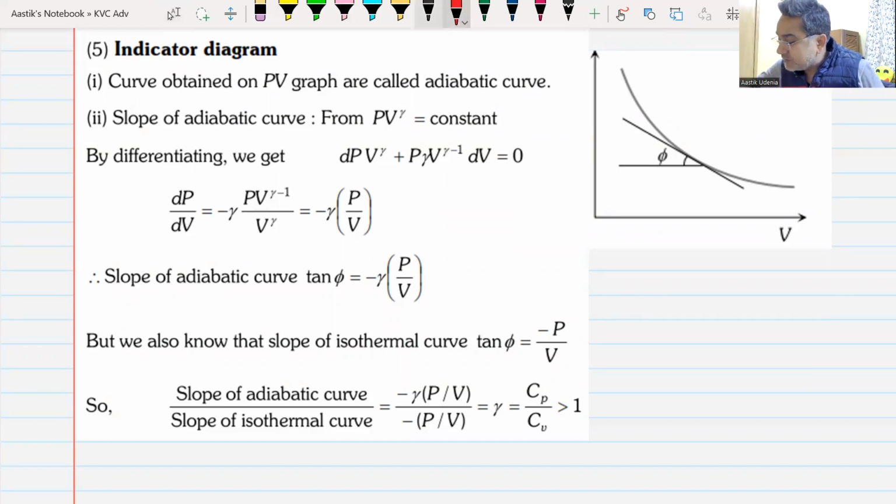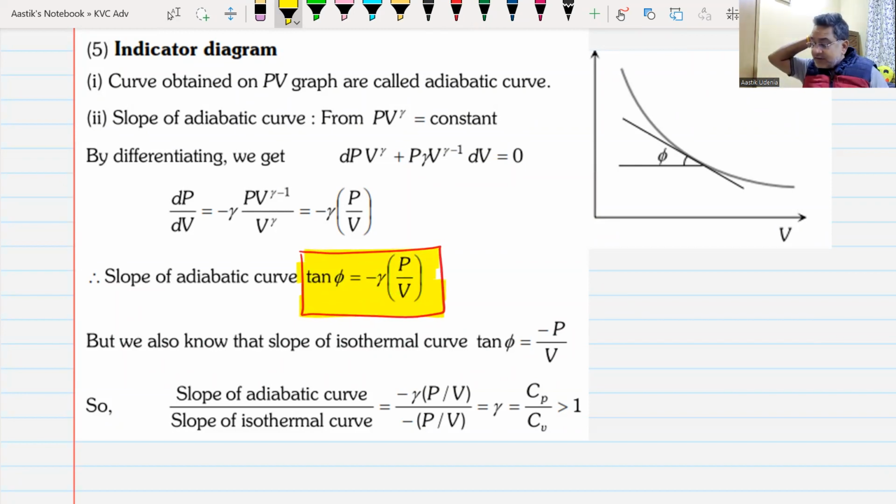It is gamma times more than the slope of the isothermal graph. So the adiabatic graph is always steeper than the isothermal graph. Do we understand this? Yes, sir. Note it down, please.